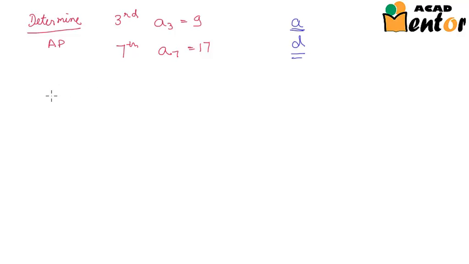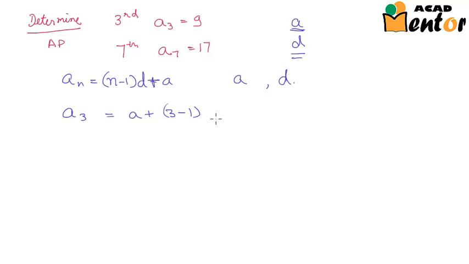So let's start. We know that the nth term an can be written as n minus 1 into d plus a, the first term. Let's assume that this AP has a first term a and a common difference d. That means a3 is equal to a plus 3 minus 1 into d, and we know that it is equal to 9.